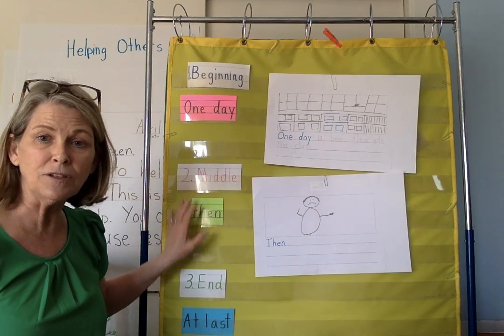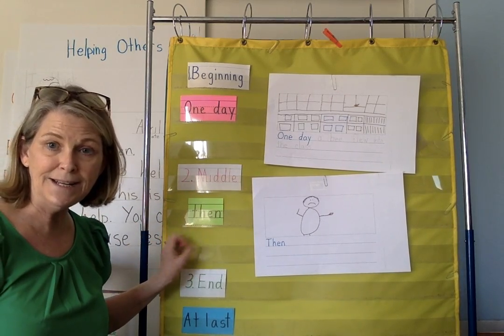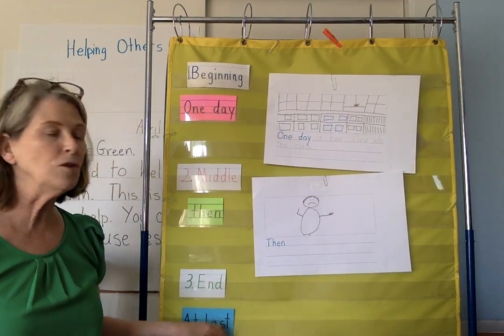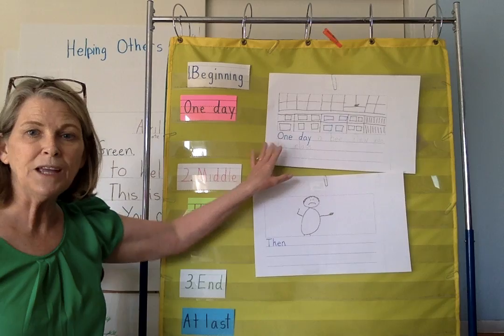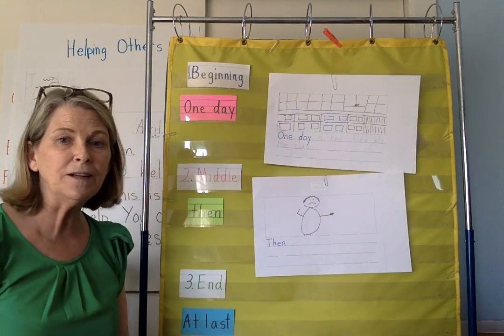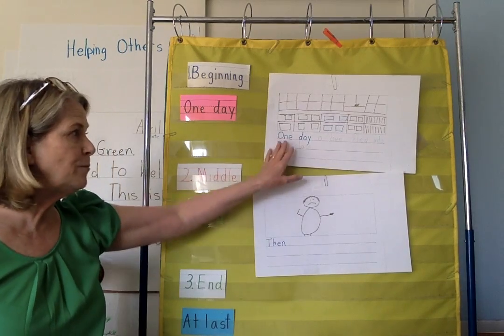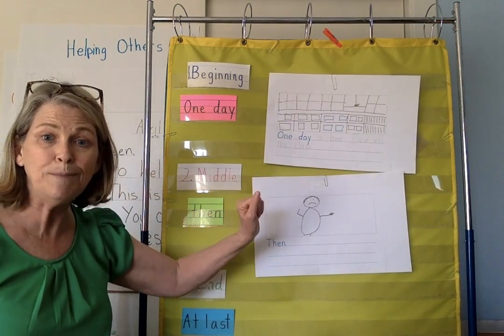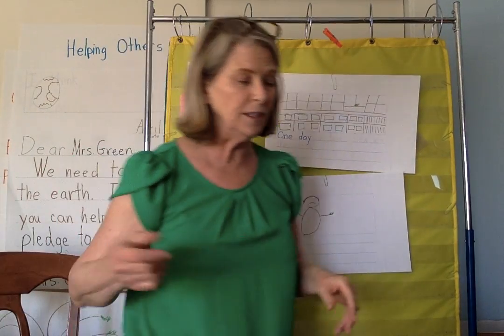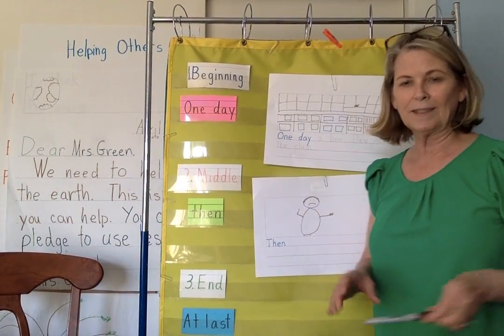Then in the middle of the story, we wrote then, and then at the end, we used at last. So you're going to see up here, I have a true story. I've already done a little bit of the drawing about it, and I've already written down my one day part and my then. So now I'm ready to fill in my story.